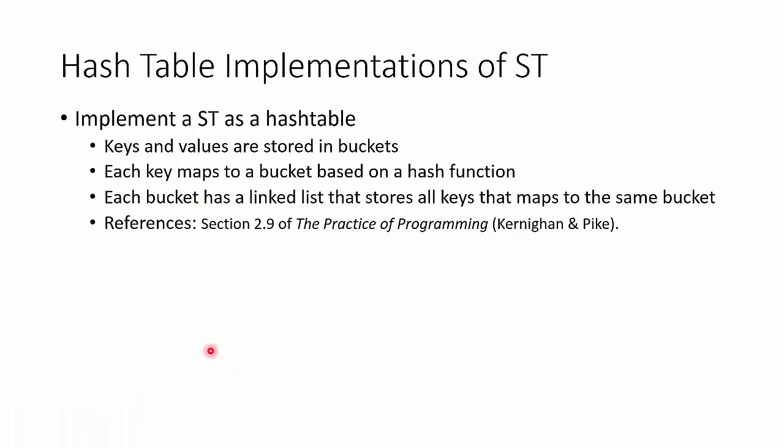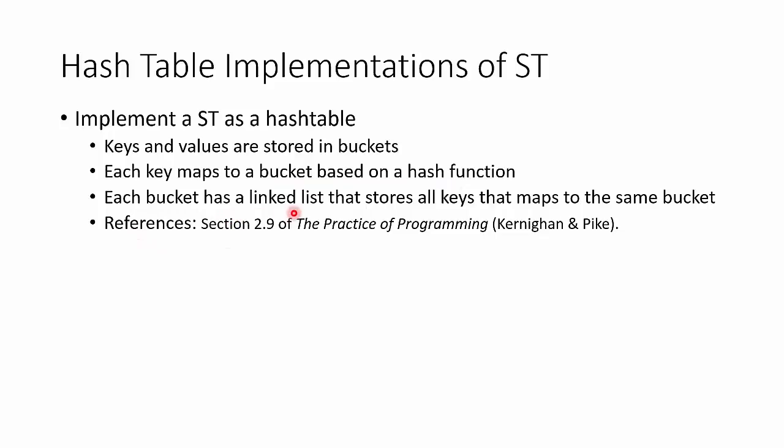All right, so the next part of the assignment is going to be implementation of the symbol table using a hash table idea. So we want to implement a symbol table as a hash table. In this concept, the keys and values are stored in buckets. We can apply the hash function to each key, and that determines the bucket value. So each key maps to a bucket based on the hash function.